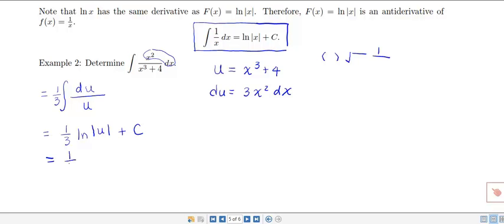For the last step of u substitution, we have to substitute the expression of u back. We get x cubed plus 4. So the antiderivative of x squared over x cubed plus 4 is 1/3 ln of absolute value of x cubed plus 4, plus c.